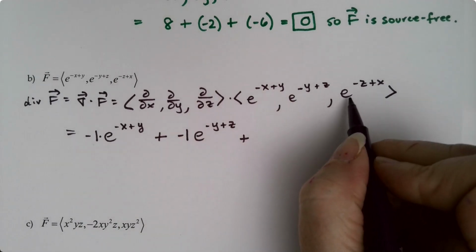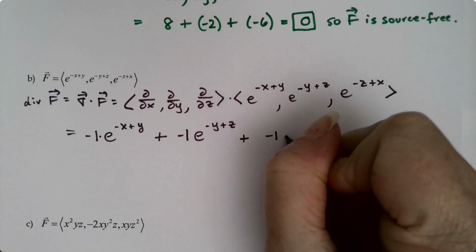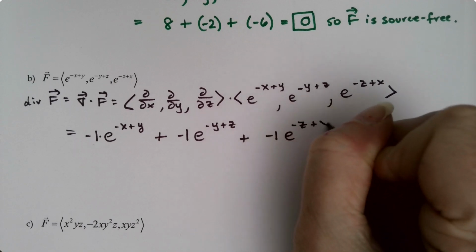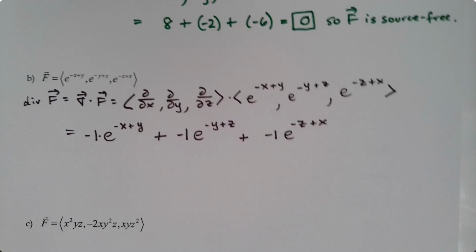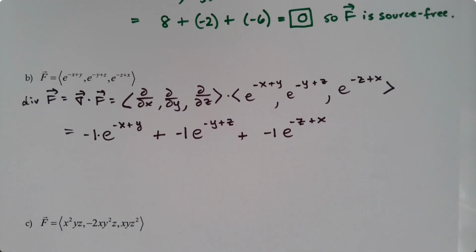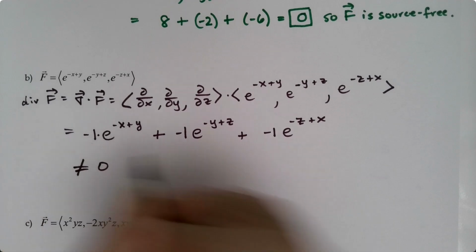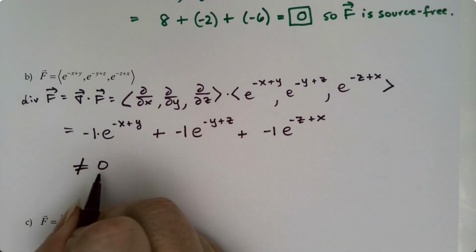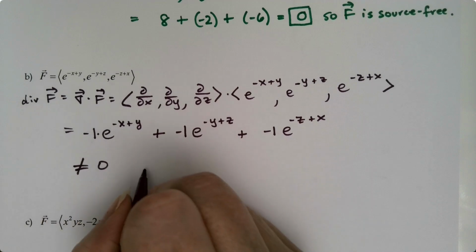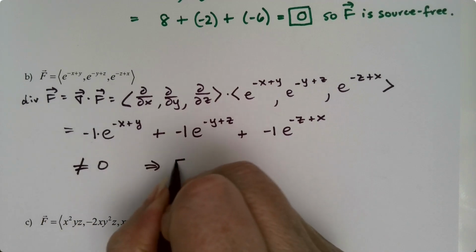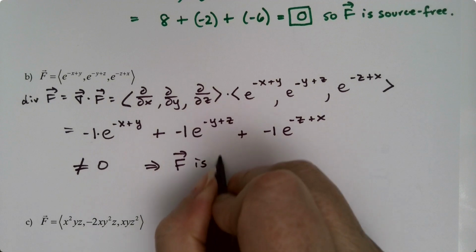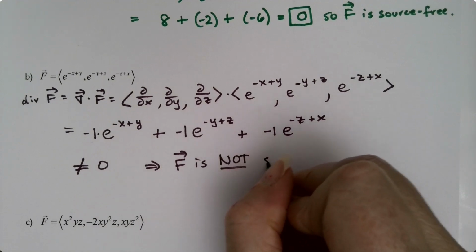Plus, I can see where this is going, negative 1 e to the negative z plus x. Well, you know what that is not? That is not 0. And so we are done here because all we were trying to do was find out whether it was 0 or not, and it is not. So it is not 0, therefore f is not a source-free vector field.